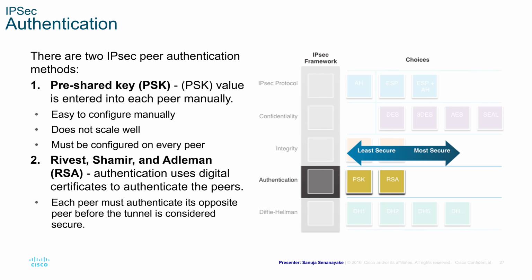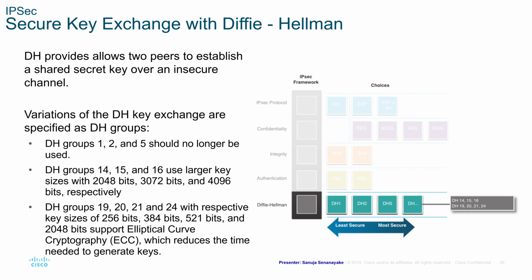So in this situation, we have digital certificates on either end of the system, which are used by each peer to authenticate itself to the opposite peer before the tunnel is considered secure. This is much easier to scale compared to the PSK method.